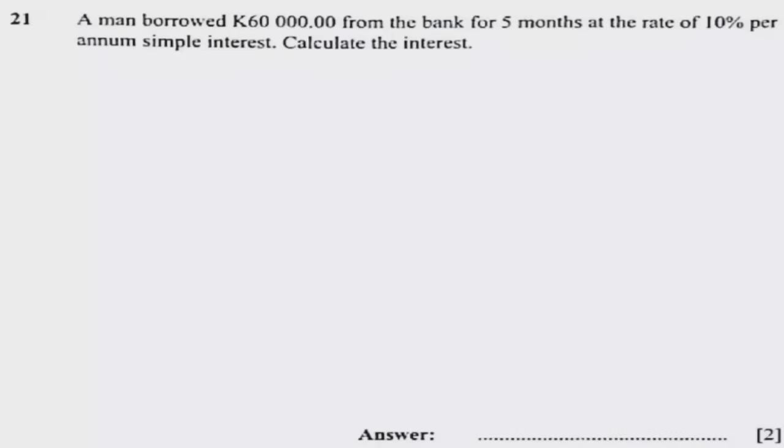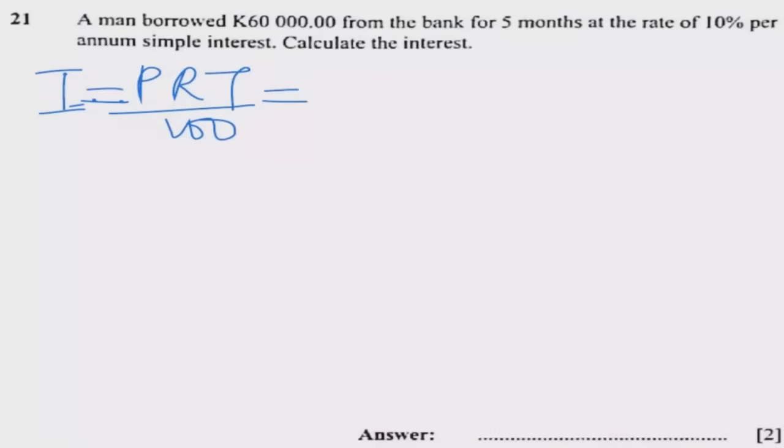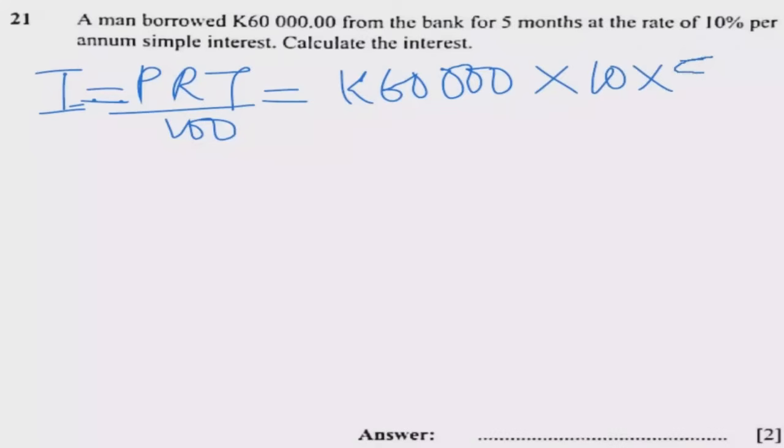Calculate the interest. Okay, so what we can do is write the interest formula, which is interest is equal to principal times rate times time over 100. So we say equal to, so what is the principal? The principal is 60,000 kwacha, then times rate, that is 10, then times 5 months.